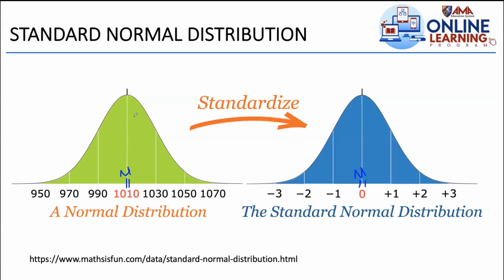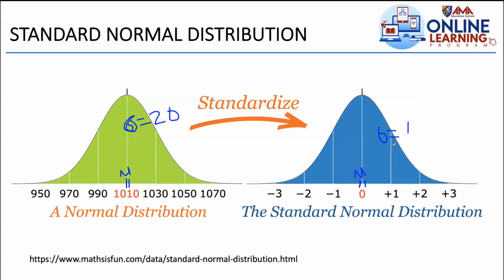What's your sigma here, class? Again, sigma is the standard deviation. Subtracting, 1030 minus 1010 is 20. So that's 20. Whereas here, the standard deviation is 1, because 1 minus 0 is 1, 2 minus 1 is 1, and so on.